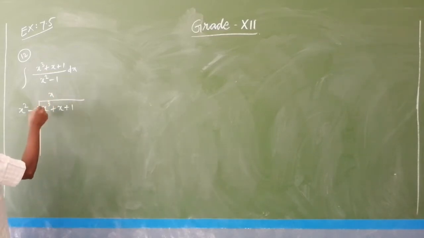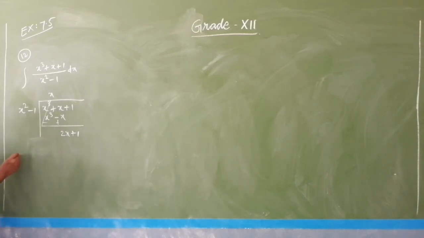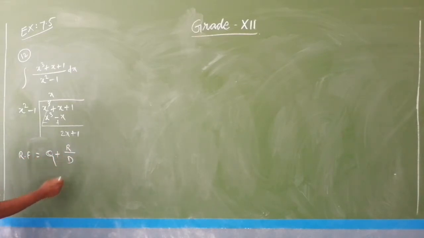So this is x^3 minus x, so minus plus, giving 2x+1. We know that a rational function equals quotient plus remainder by divisor.